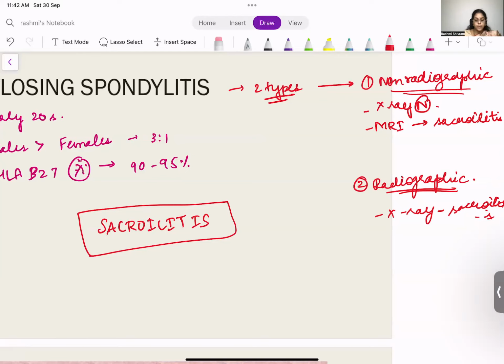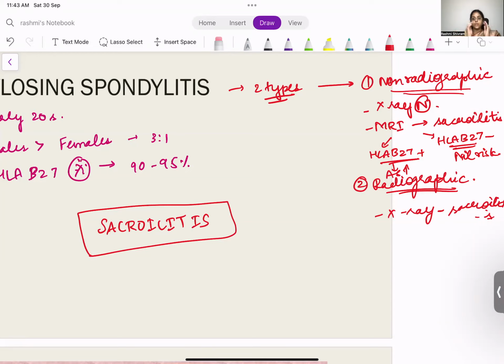Okay. So among these patients who are showing sacroiliitis on the MRI with no findings on the X-ray, you need to see whether the HLA-B27 is present or not. If it is present, then they have high risk of developing ankylosing spondylitis. If the HLA-B27 is negative, then there is almost nil risk of developing ankylosing spondylitis.